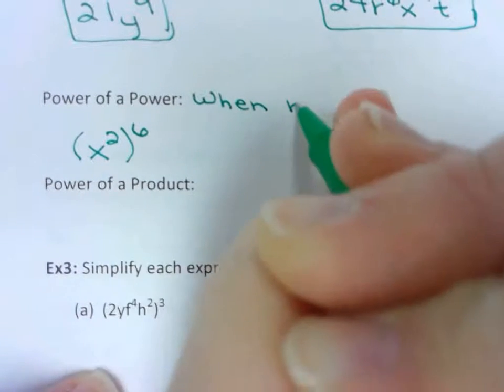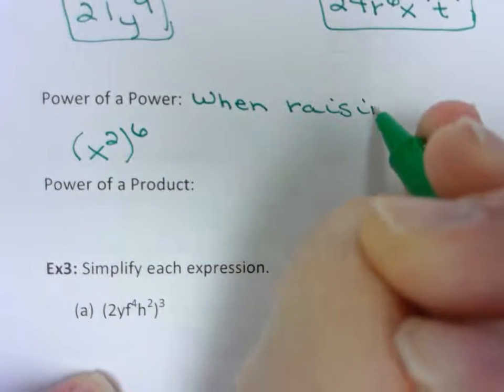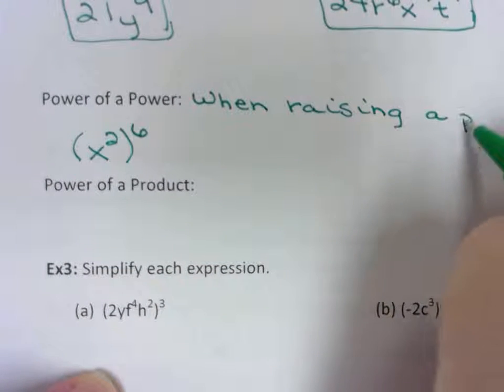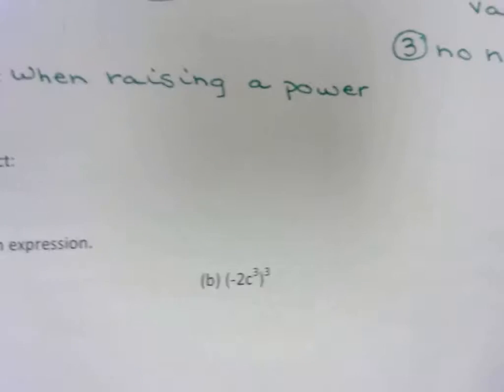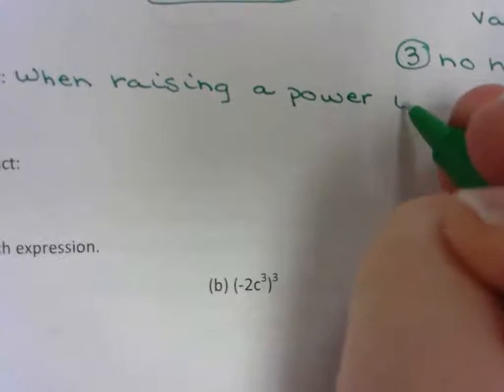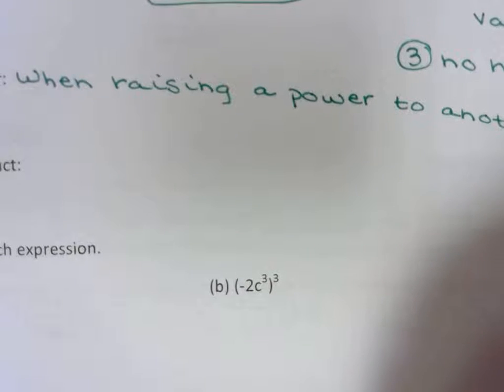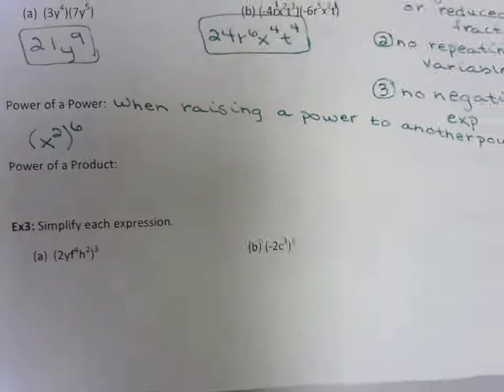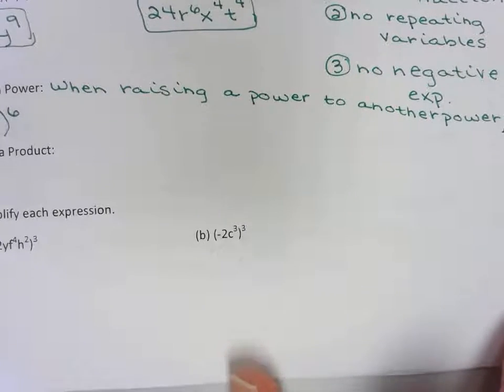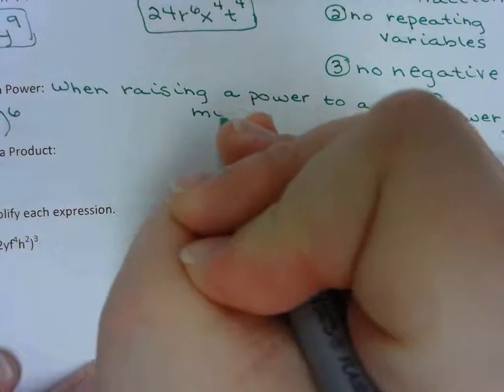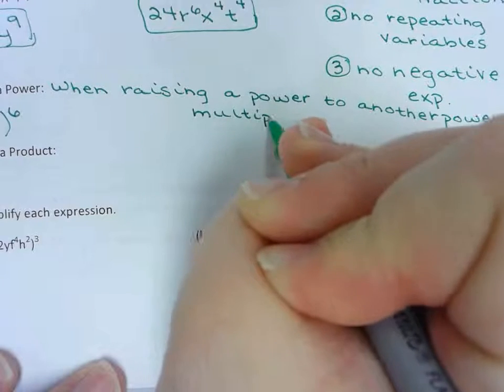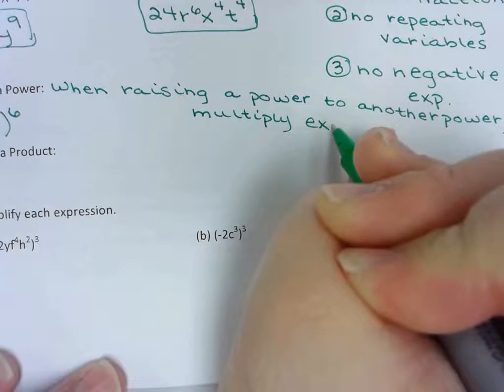When raising a power to another power, so when I have 2 exponents, all I do is multiply the exponents.